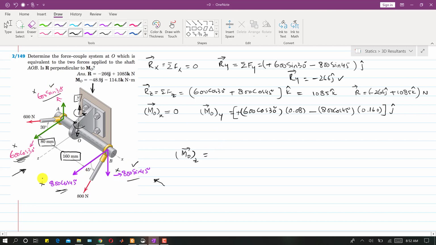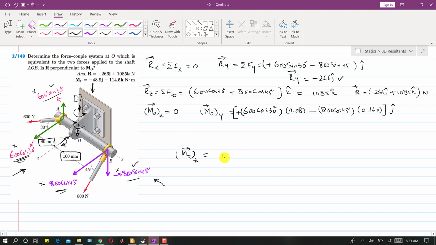If we look at this component from this direction, this 800 sine of 45 will produce the moment in this direction. If we curl our right hand fingers, the thumb will point out in this direction. This means that this 800 sine of 45 is producing the moment in the clockwise direction if we observe it from this direction.